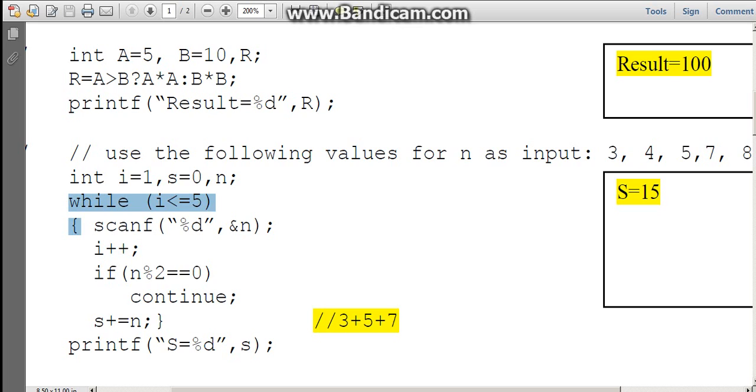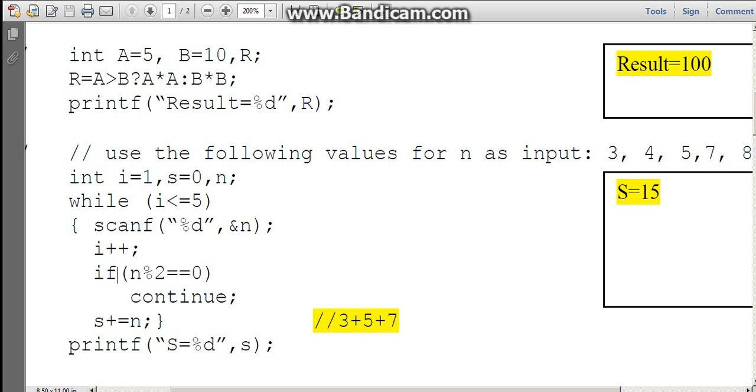So while is because we have different inputs, a lot of inputs, 5 inputs. So we need to scan from the user and increment with ++. And now here we have the condition. We just need to work on this one.